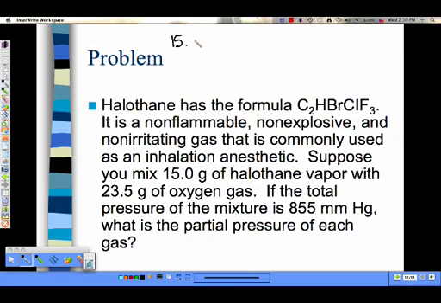15 grams of the, I'm going to call it HT, halothane, so we don't have to write out the whole thing. So let's find the molar mass of HT.